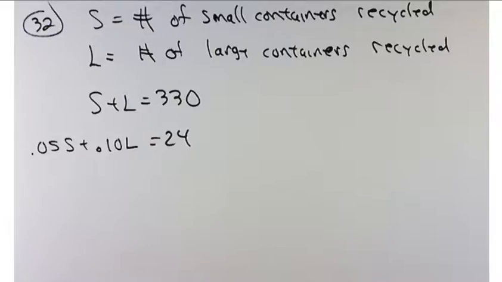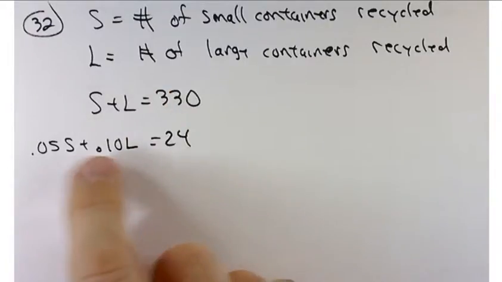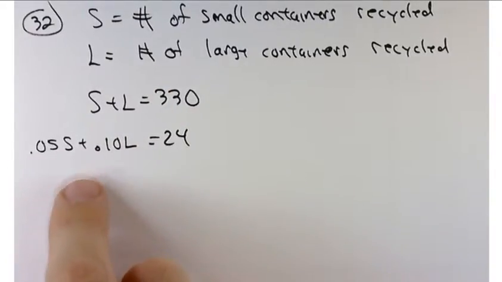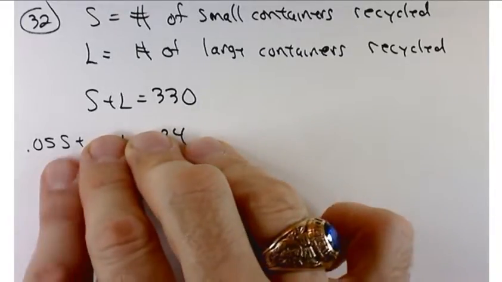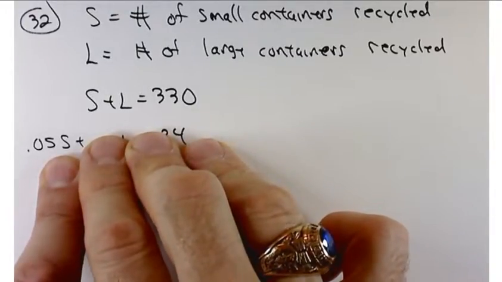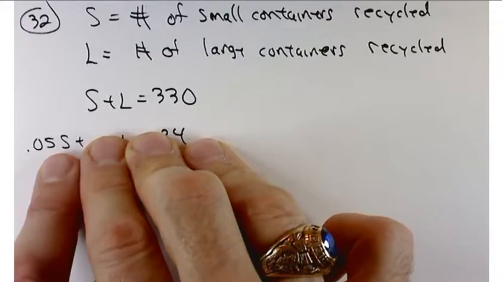I'm focusing here on coming up with a system of equations. So this is the big part of this, is getting these two equations. Now I think you're okay with the first one, but do you see what's happening with the second one? Think about it. If you had, say, 6 cans here, 0.05 times 6, that'd be 30 cents.